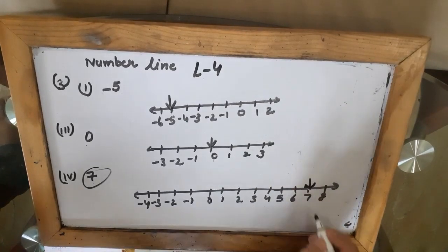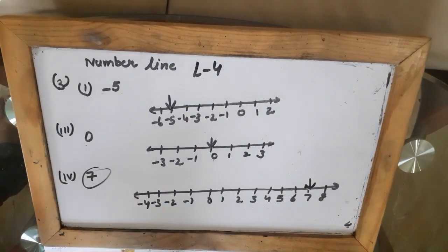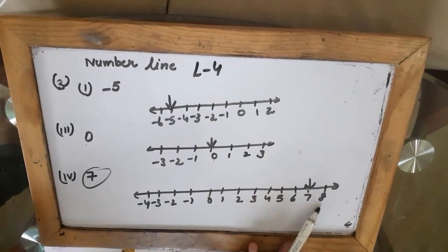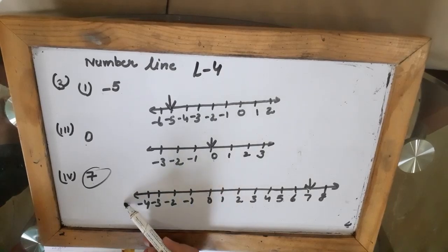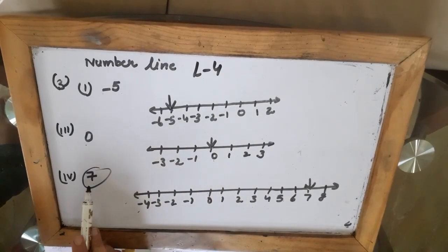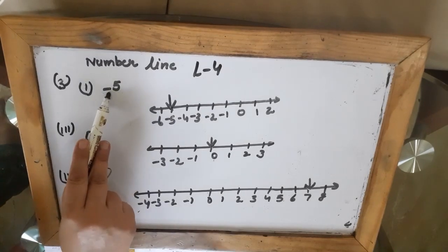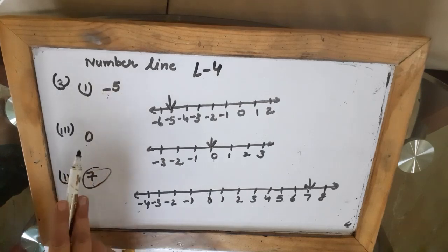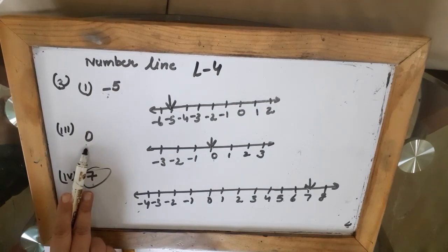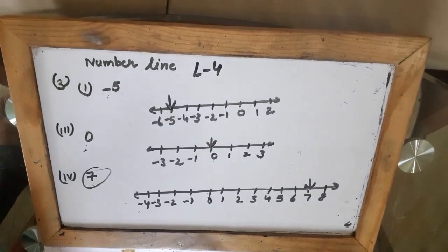This is 7. So this is how you show integers on a number line. To the right side positive numbers and to the left side negative numbers, and when there is no sign with any number, it means it is a positive number, and if there is a minus sign, it means it is a negative number, and 0 is neither positive nor negative.